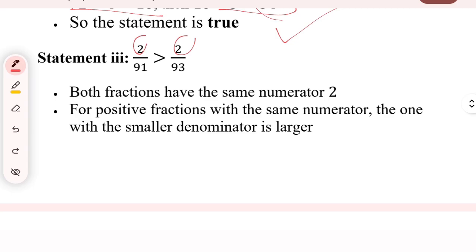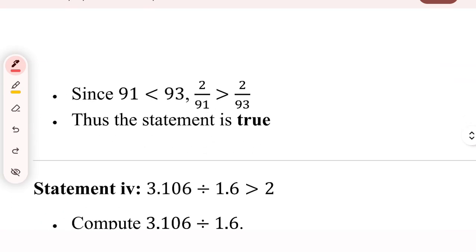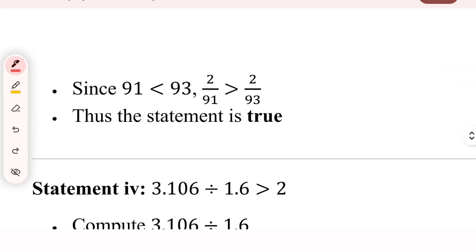If they are positive, the one with the smaller denominator, which is this one, is actually the larger fraction. So 2 over 91 is the larger fraction. That means it is true. 2 over 91 is greater than 2 over 93. So the third statement is true.